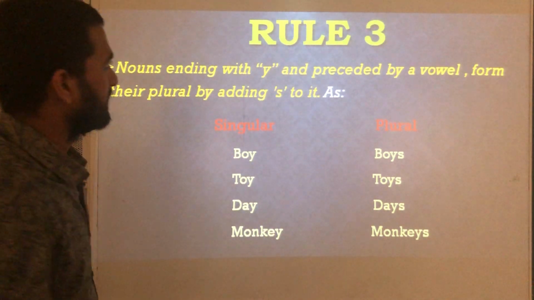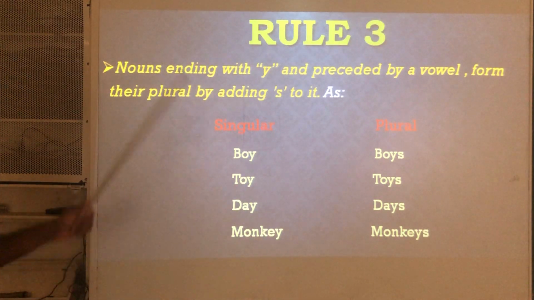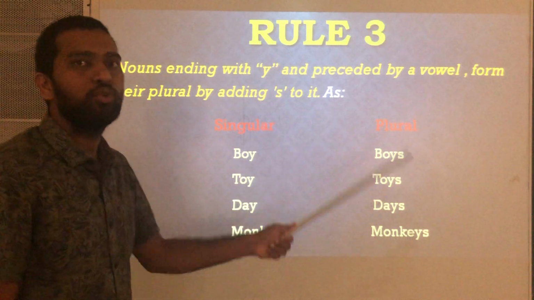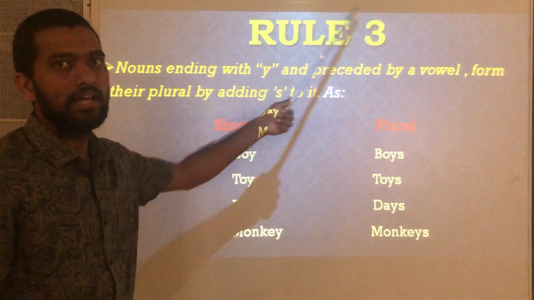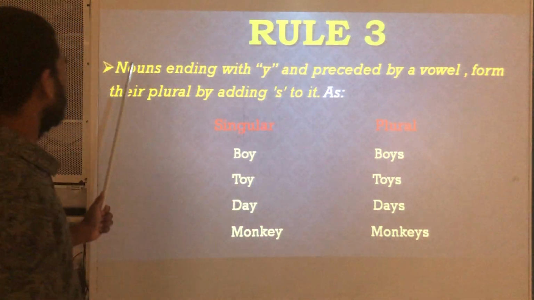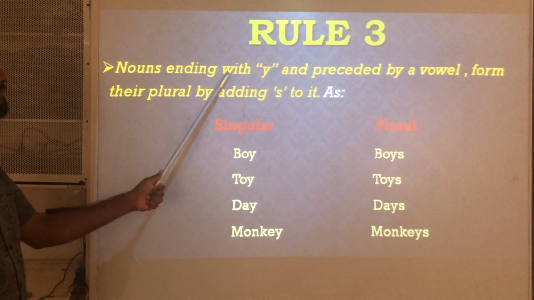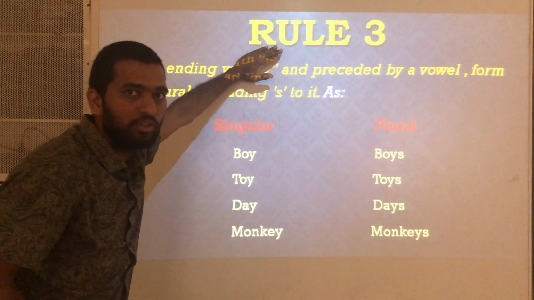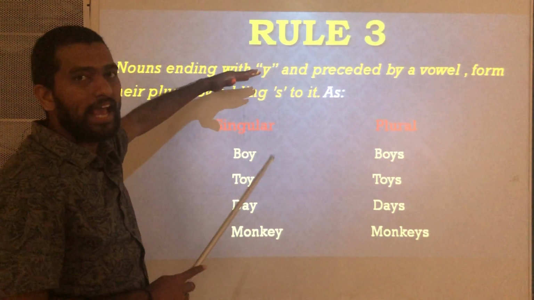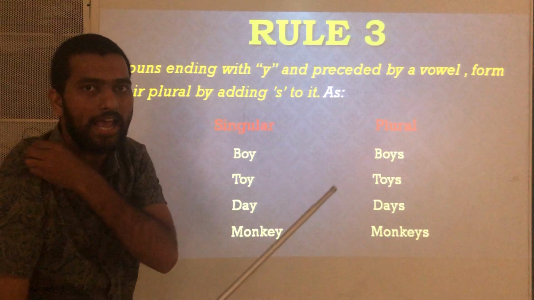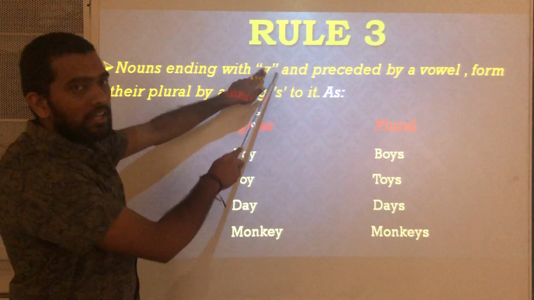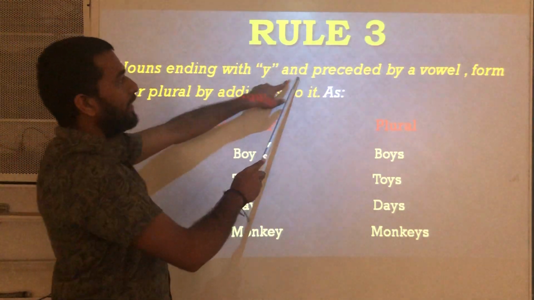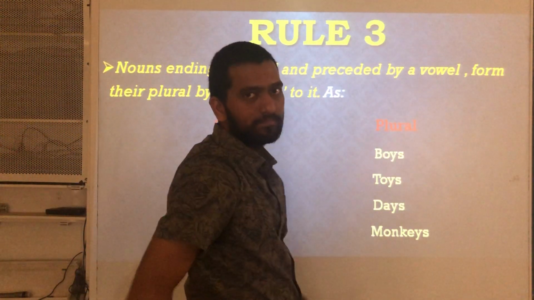Let us see what rule 3 is and how we can change singular words into plural words by using rule 3. First, nouns ending with y. Rule 3 tells about the nouns which have y as the last letter, ending with y and preceded by a vowel.